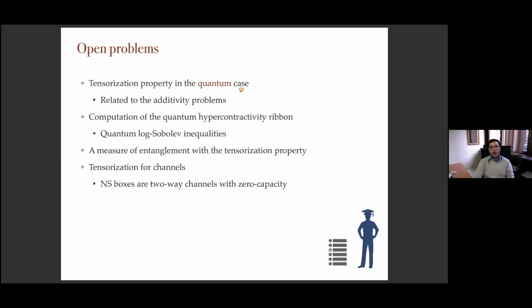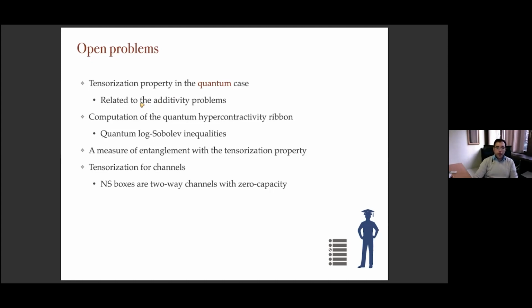We know that the Holevo capacity of a quantum channel is not additive, and that the coherent information of a quantum channel is not additive, because of the same kind of difficulty. And we learned that additivity is a dual of tensorization. So tensorization is also a big deal in the quantum case.